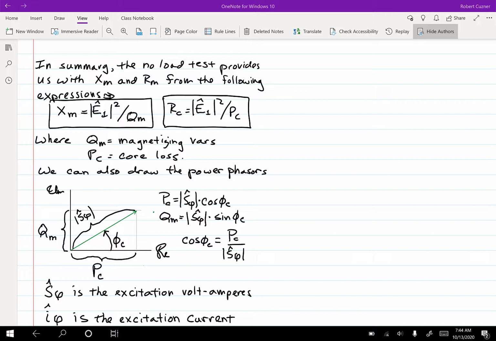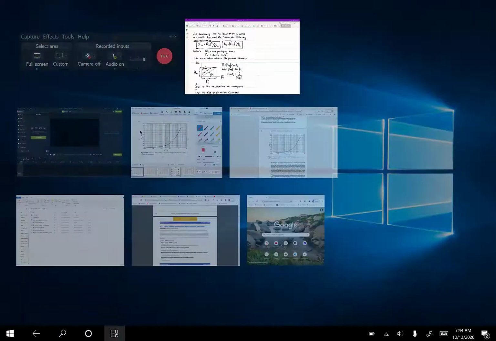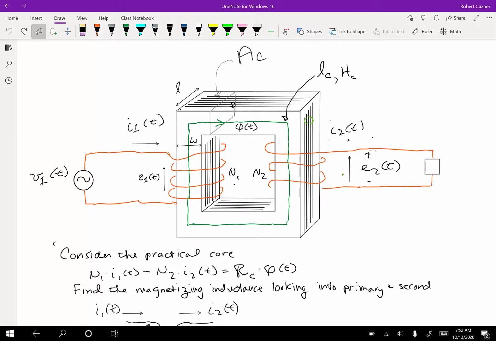And we're going to continue for a little bit with the no-load test and then with the short circuit test so that we can understand how you can find all of the parameters for a transformer by measurement. As we described last time, we talked about performing a no-load or an open circuit test.